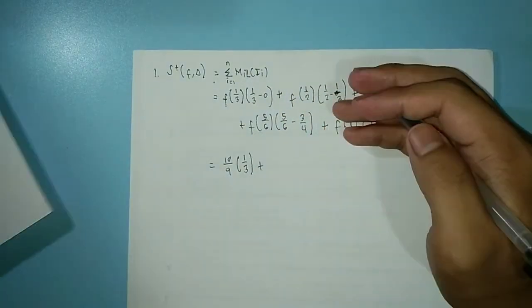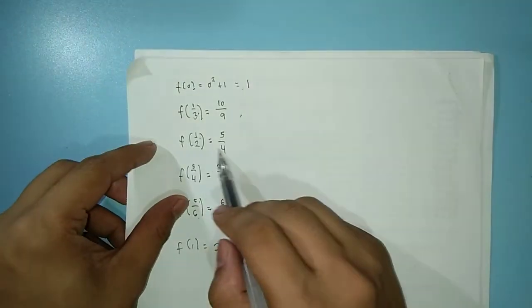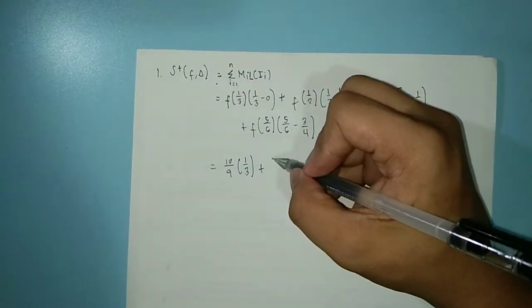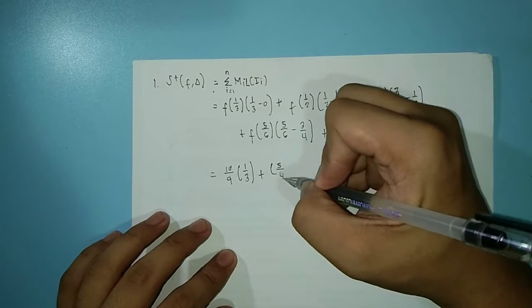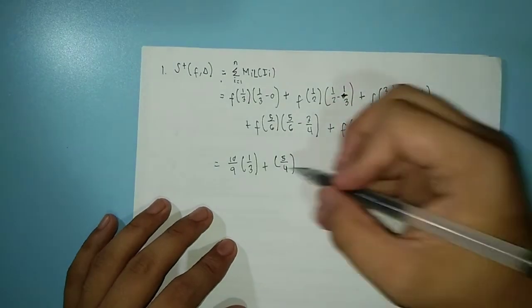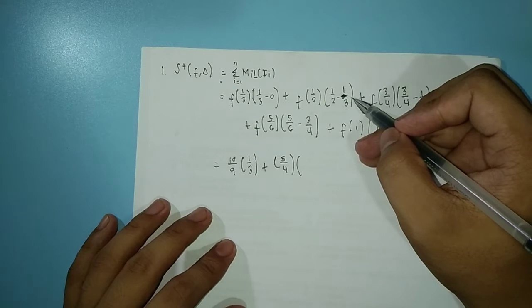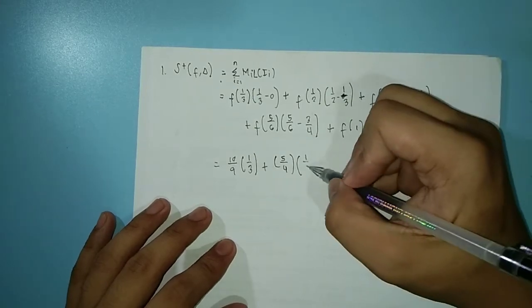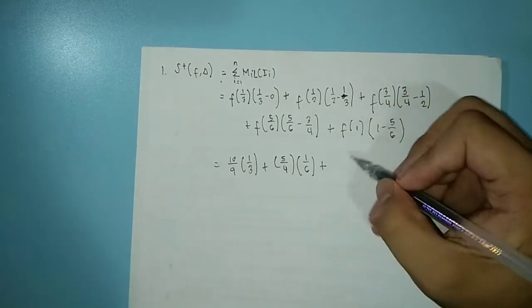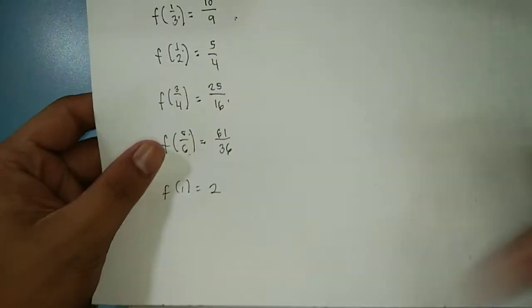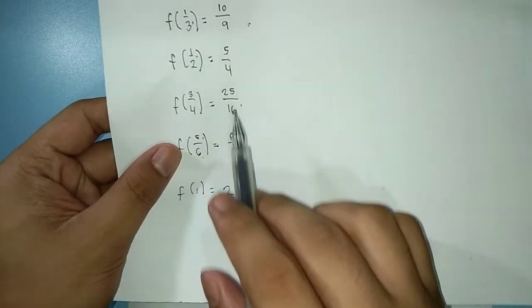Plus, ano yung f of 1/2? That is 5 over 4, times, ano yung 1/2 minus 1/3? So, 1/2 minus 1/3, that is 1 over 6. Plus, f of 3 over 4, ito yung 25 over 16.